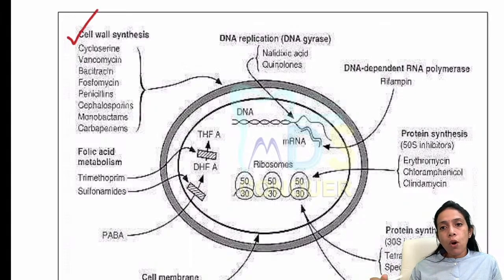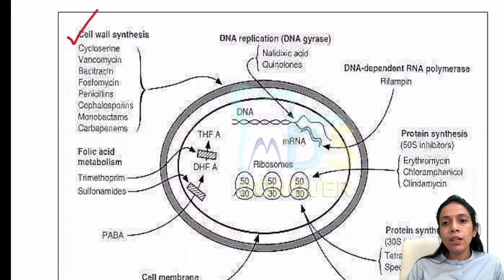And for wall, instead of W you go for V, that is vancomycin. So this is a mnemonic for the drugs which inhibit cell wall synthesis.